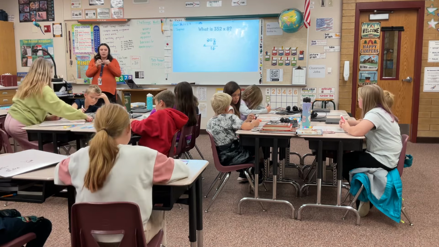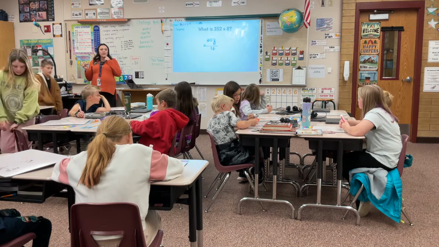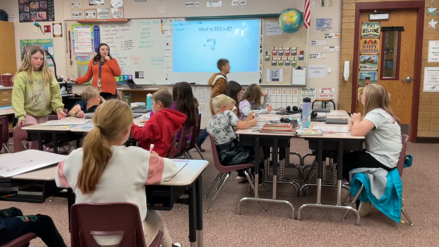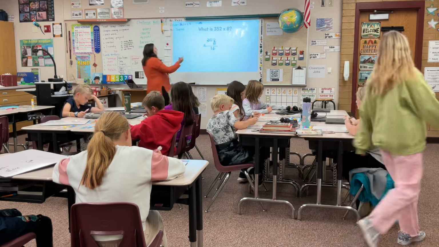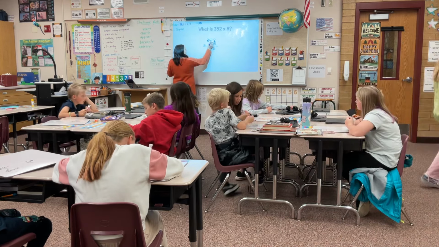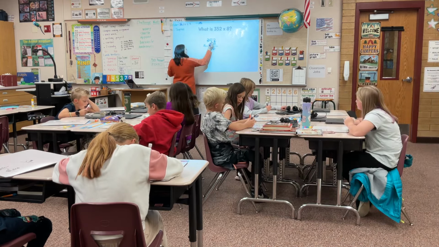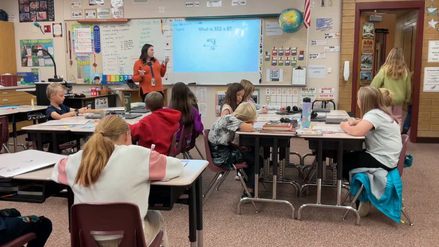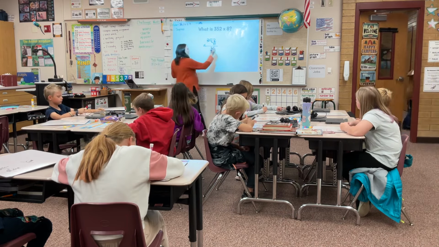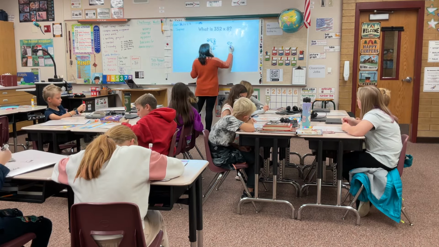All right. Next we have Ivy. What would we need to do next? Do you times the 5 with the 8? Okay, you look at the 5 next, so you're going to do 5 times 8. But what is that really? Is it just a 5? No, 50 times 8. So do you know what 50 times 8 is, Ivy?